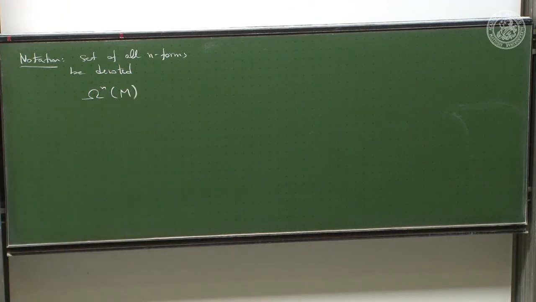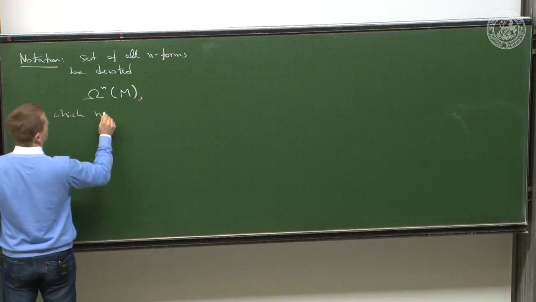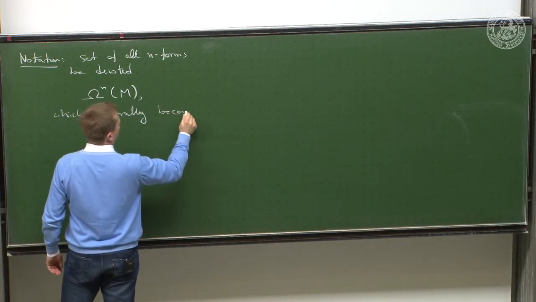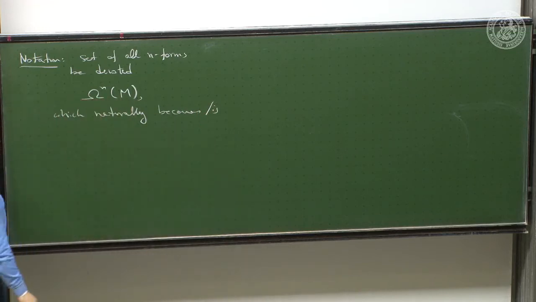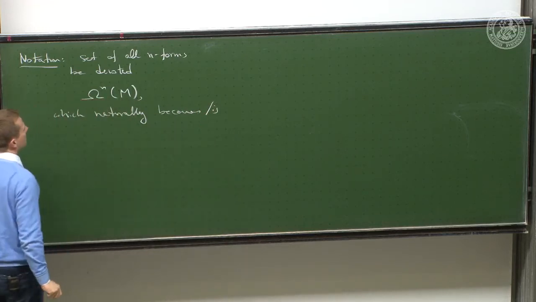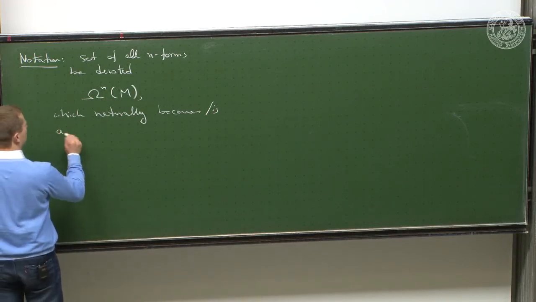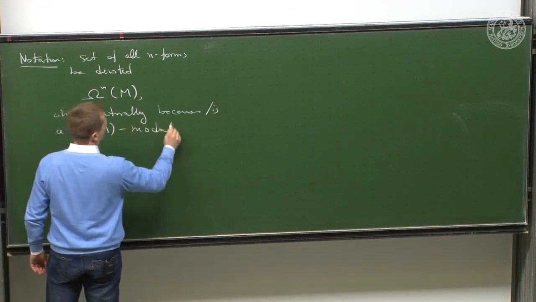So this is first of all a set, and if you equip it with the appropriate structures, you inherit the structures from the sections of the tensor bundle, it is a C-infinity(M) module.